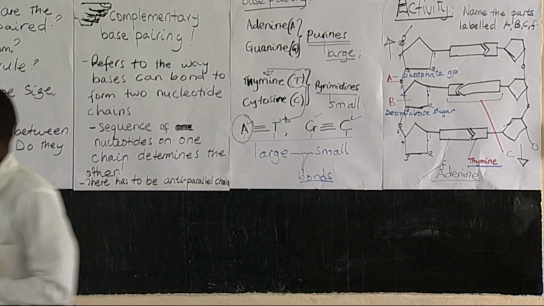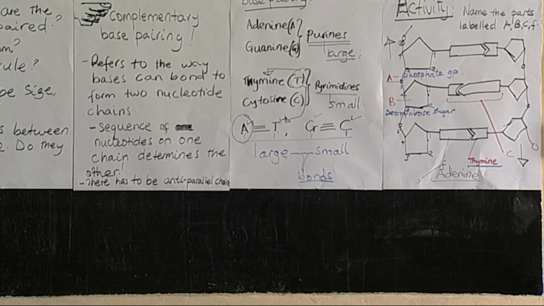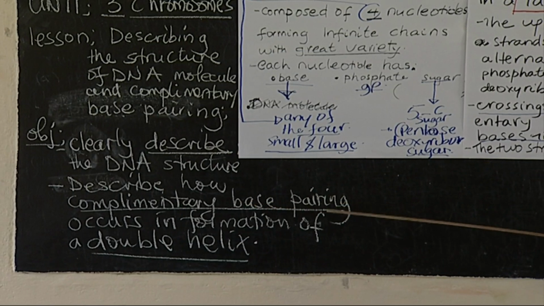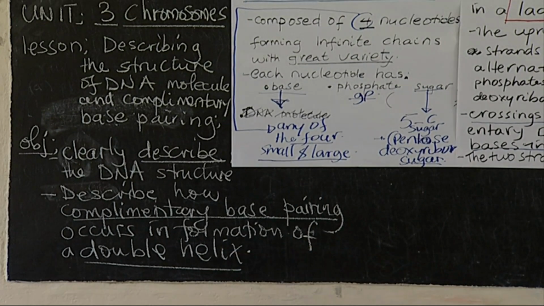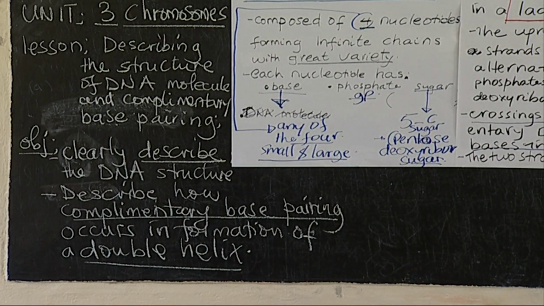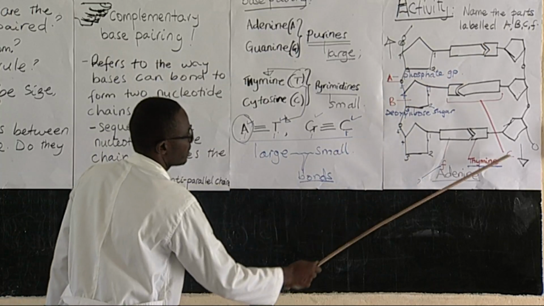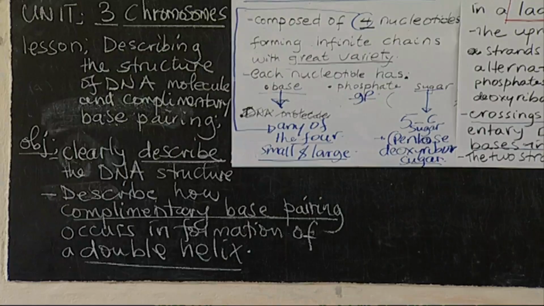which now takes us to how we've been able to look at our second objective, describe how complementary base pairing occurs in formation of a double helix, two strands. So you have this and that. This is what we call a double-stranded DNA structure.